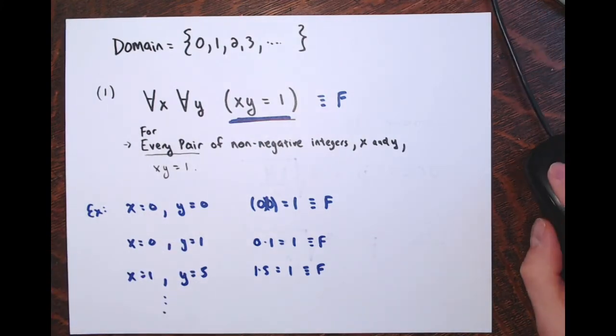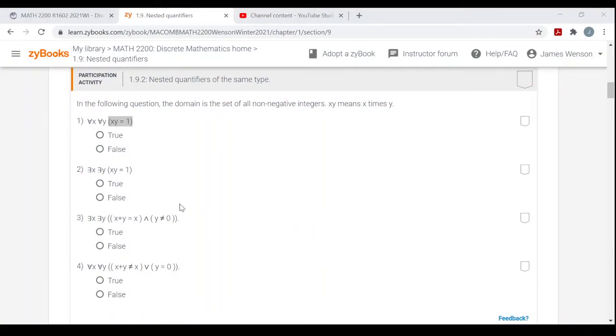So going back to the assignment, the activity, this statement's false. A counterexample would be, I gave 3 counterexamples: 0 and 0, 0 and 1, 1 and 5, and 1 and 2. 1 times 2 is not 1. And yeah, now you see how number 2 is similar.